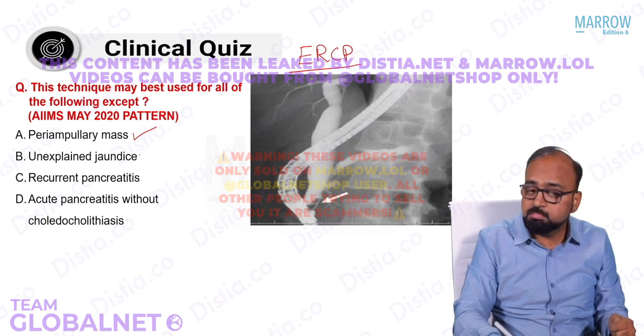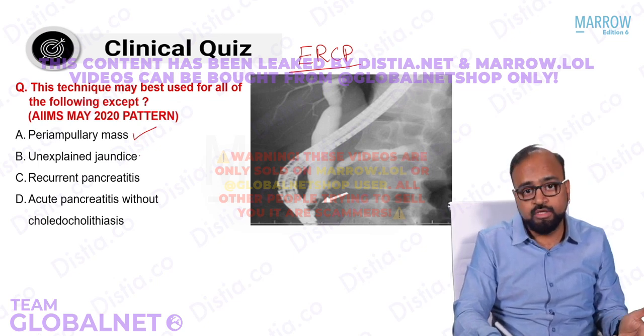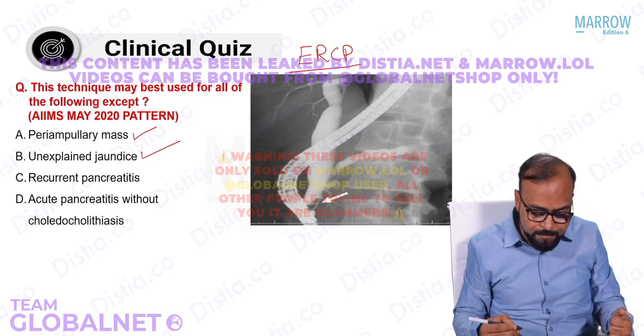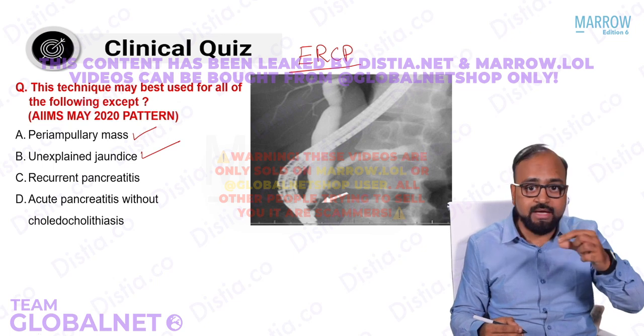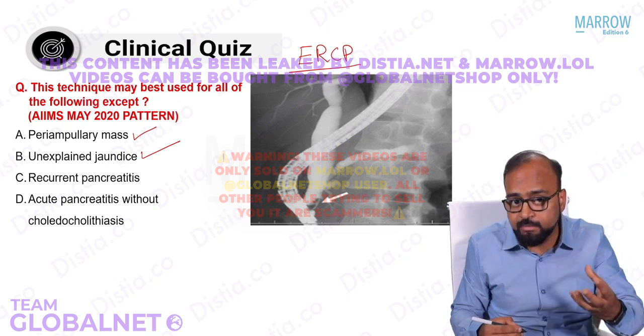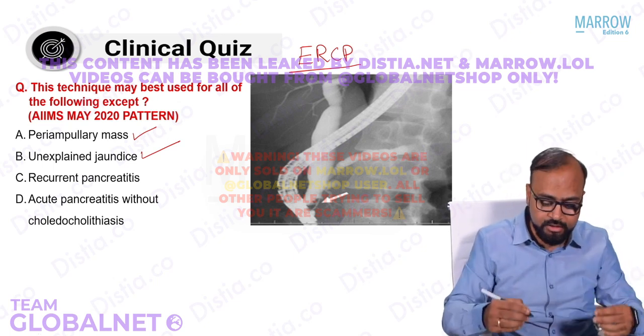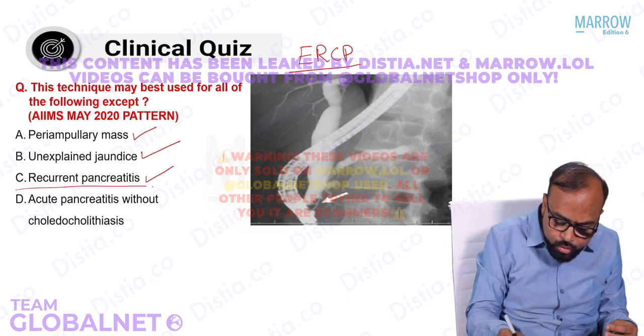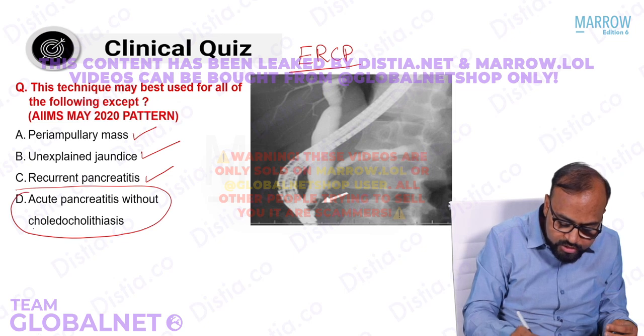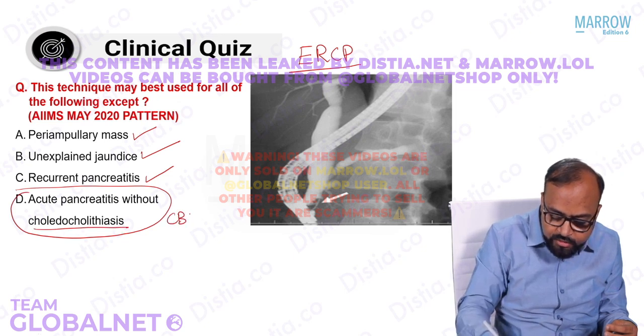Unexplained jaundice can be due to biliary obstruction, biliary tree involvement, yes. Recurrent pancreatitis could be an abnormality of the pancreatic duct like pancreas divisum. Anything that affects the pancreatic duct, biliary tree, ERCP will help. Acute pancreatitis without choledocholithiasis. Choledocholithiasis means CBD calculus.